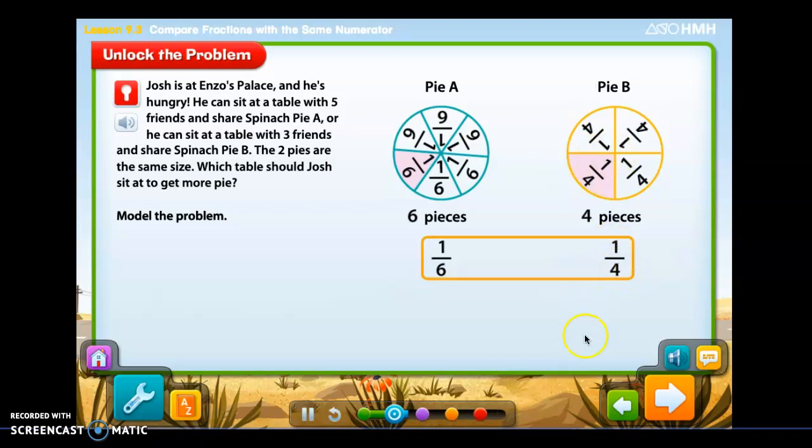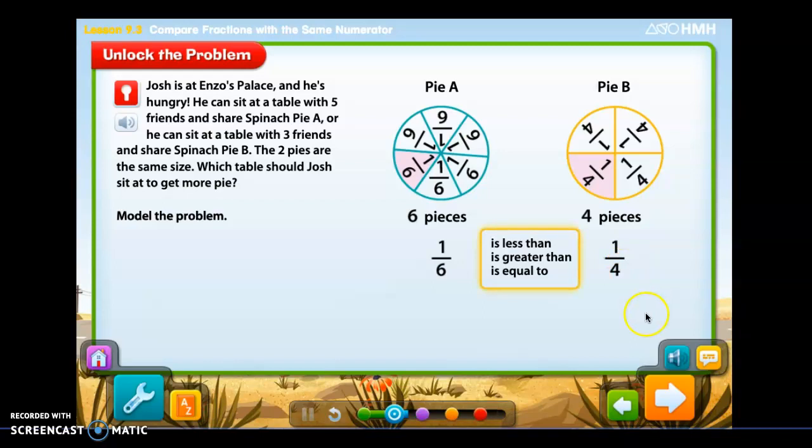Now let's compare the fractions 1/6 and 1/4. Is 1/6 less than, greater than, or equal to 1/4? So, 1/6, this slice, is it less than, greater than, or equal to this slice? It's greater than. You think this piece is bigger than this piece?